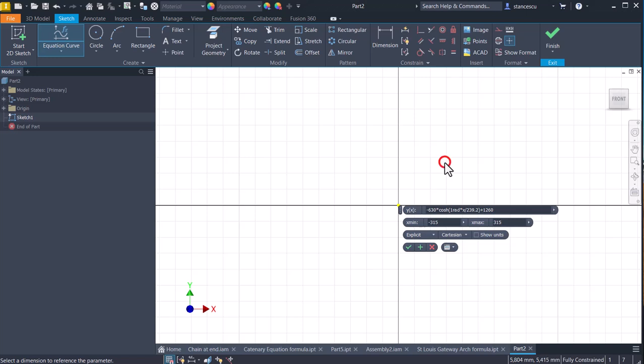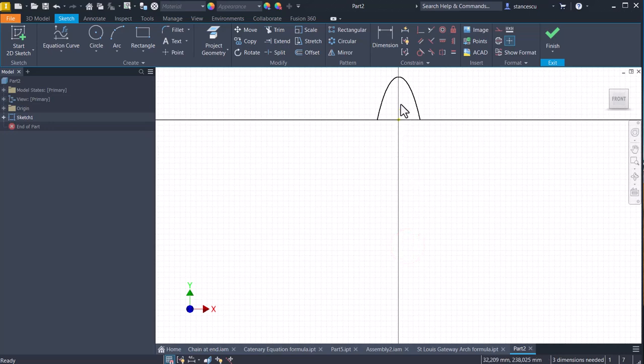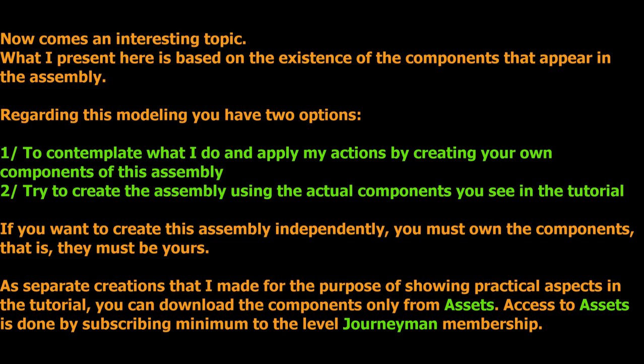But we don't see anything here. Oh, we see. Take a look here. Okay, this is the arch from St. Louis, my friends. Now comes an interesting topic.